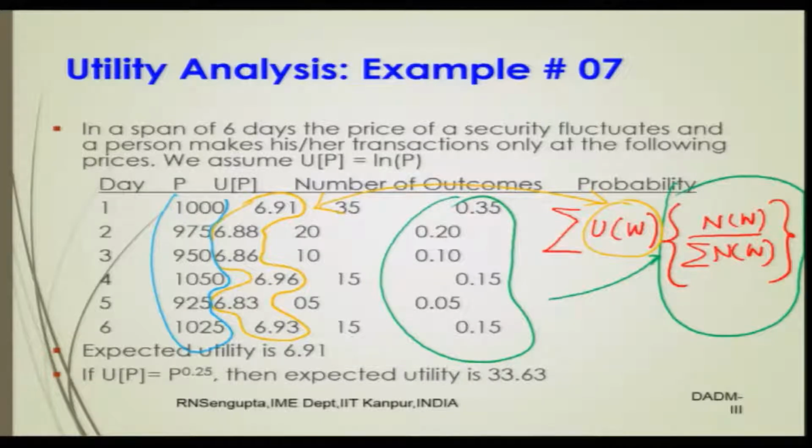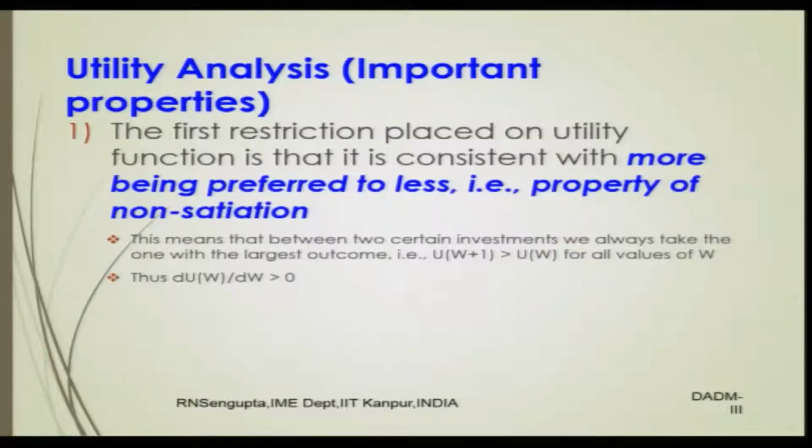The green basically gives you the probability, a saffron sort of color gives you the utility, and the blue one gives you the W value. So, the value comes out to be 33.63, which is the expected utility for the decision.